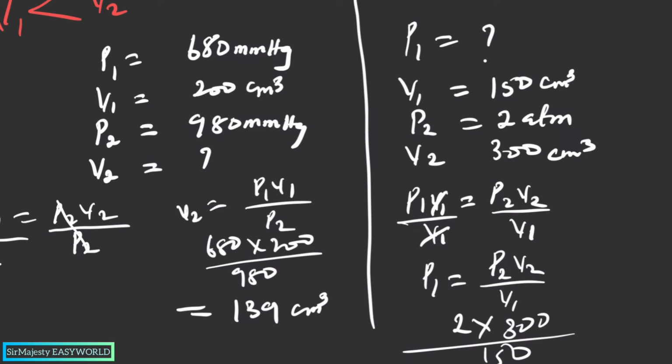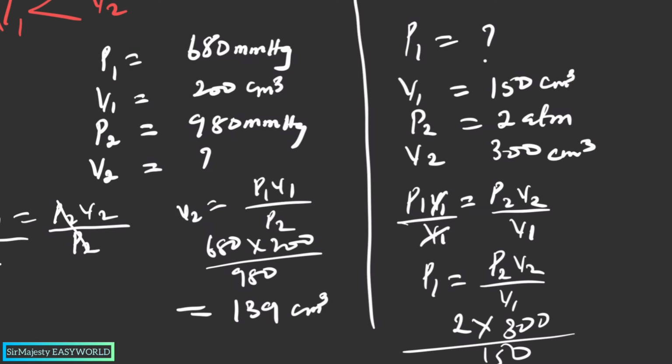So by simple reasoning, like I said earlier, in this case they will either give you two volumes and one pressure and ask you to find the other pressure, or give you two pressures and one volume and ask you to find the other volume. So in this case we had two volumes given and one pressure given. We are now told to find P1. The volume is complete here, and it moved from 150 to 300. So from 150 to 300 is automatically an increase.